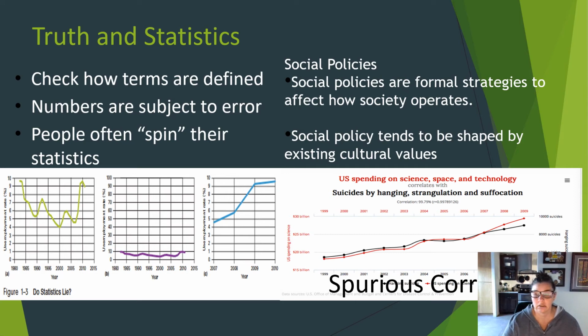So let's talk a little bit about spurious correlations and truth in statistics. Let's start with spurious correlations, which I'm covering slightly over here. Spurious correlations are things that are connected or look like they're correlated, like as noise levels increase, stress increases.